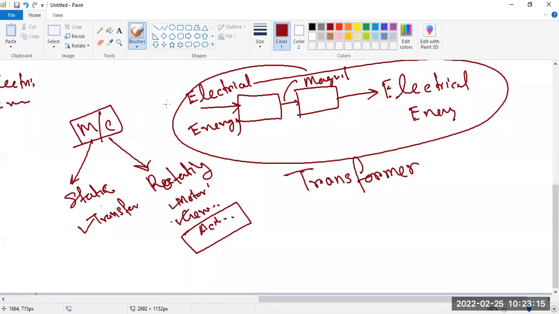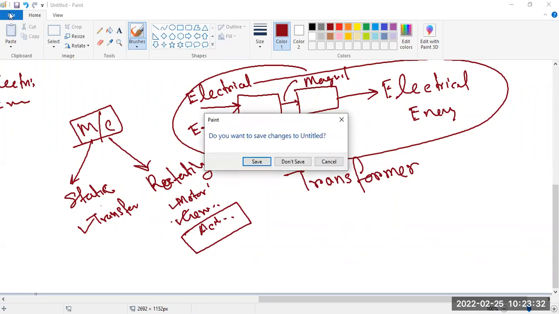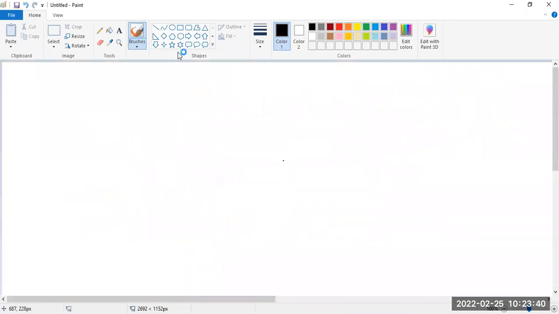So let's start, what is the concept of transformer. Okay, so first of all, we're talking about the transformer.